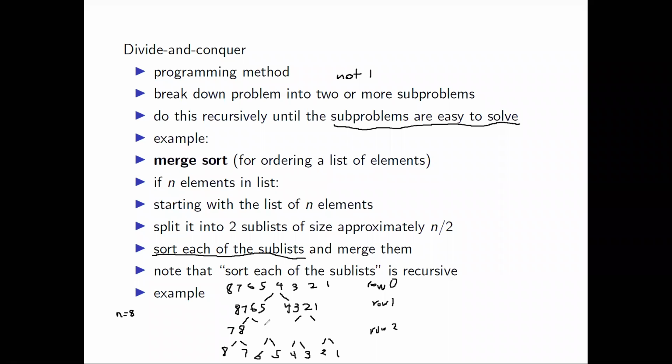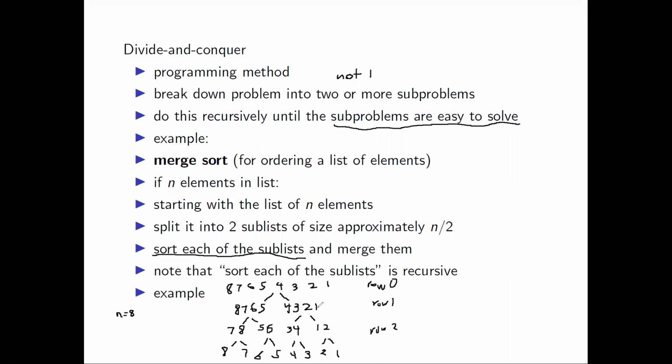So we merge the 6 and the 5 in the correct sorted order to give us 5, 6. The 4 and the 3, when we merge them in the correct sorted order, we get 3, 4. And then the 2 and the 1, when we merge them in the correct sorted order, we get 1, 2.